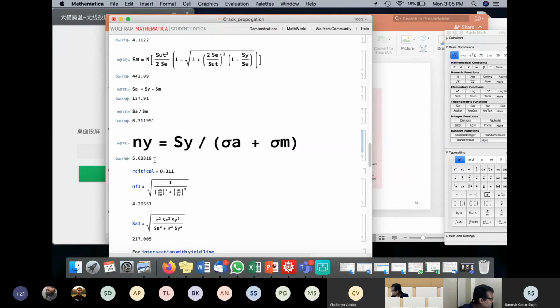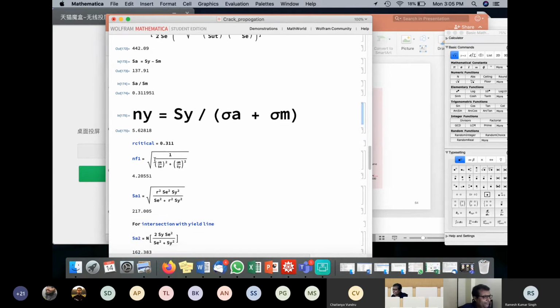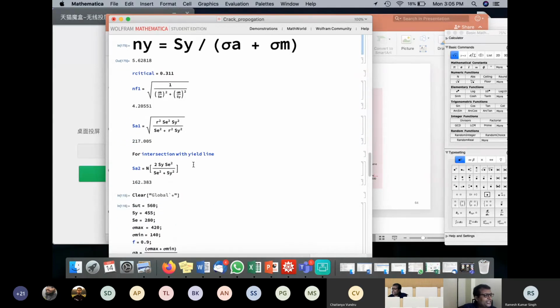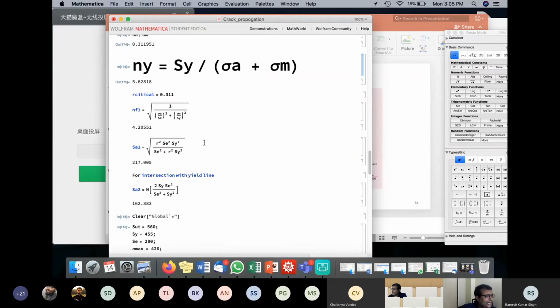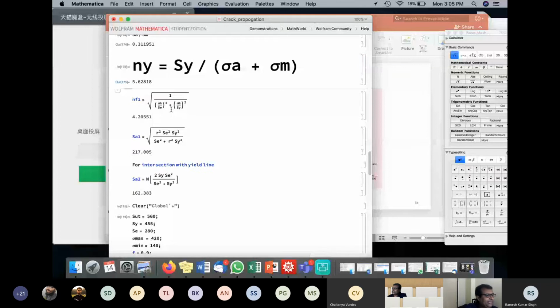Now I have to do the same thing for ASME elliptical. So what do I need to do with the ASME elliptical? Nothing, very simple again. First I need to find out the factor of safety with ASME elliptic.